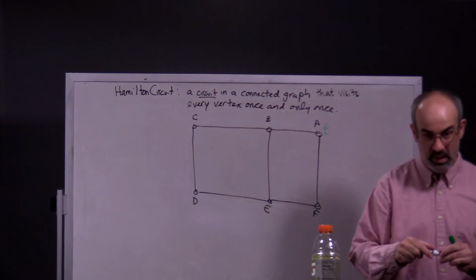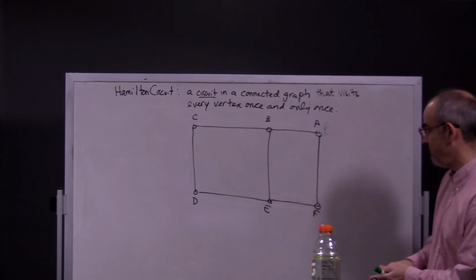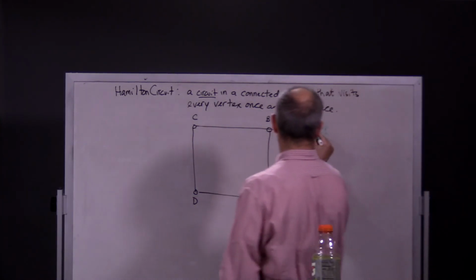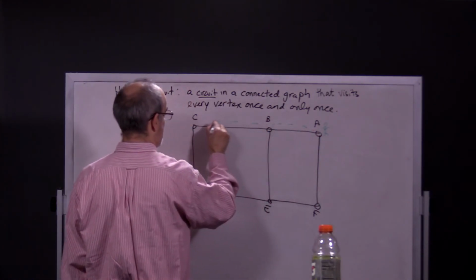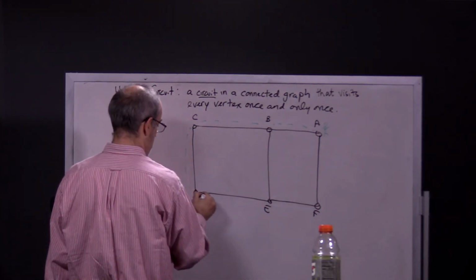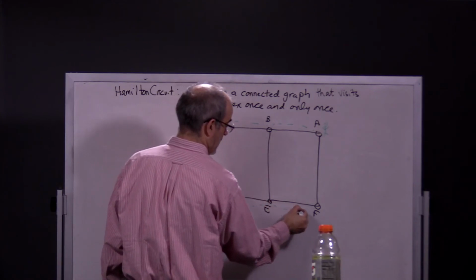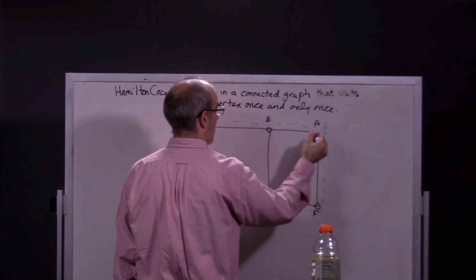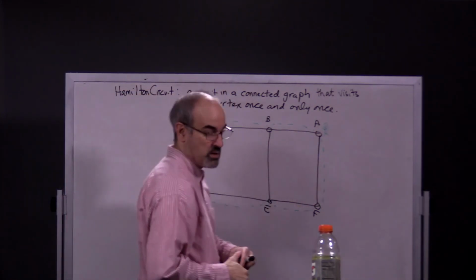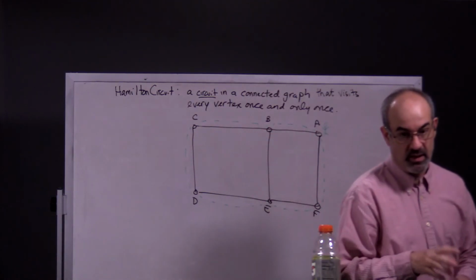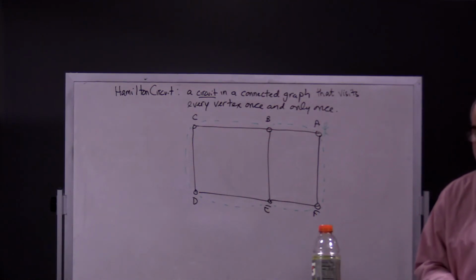Now this graph does have a Hamilton circuit. You can just go from A to B, B to C, C to D, D to E, E to F, then F to A. So every vertex has been visited once and only once.